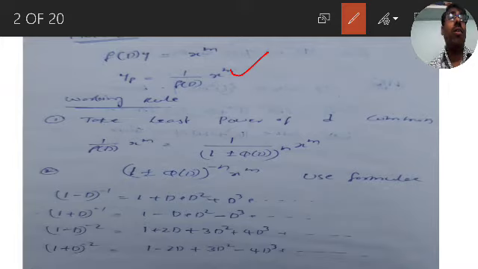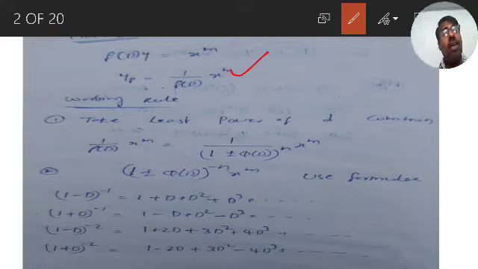To find yp when the right hand side is x to the power of m, yp is equal to 1 by f of D x to the power of m. In place of f of D, we need to write the denominator in the form of 1 plus some function or 1 minus some function.